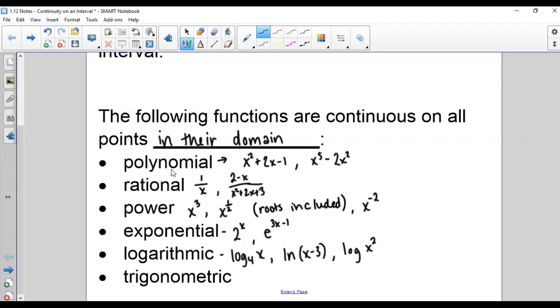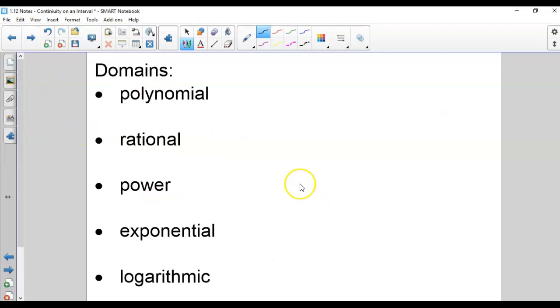Because if we have something that is not in the domain of that function, then that function is not going to be continuous at that point. Domain, of course, is your possible x values. They're super easy for polynomial functions: your domain is all real numbers. I have used the R with the double bar with you before, I think, to mean all real numbers.